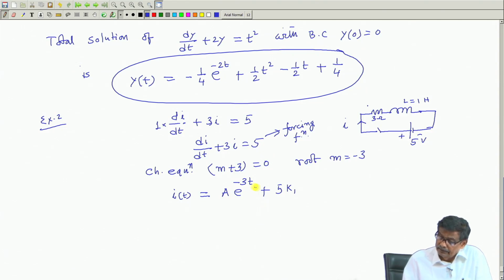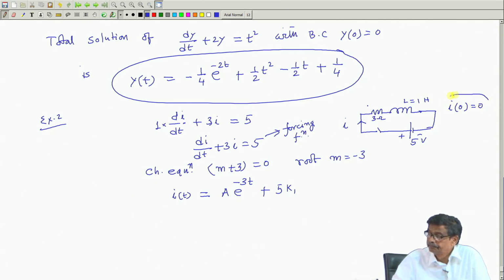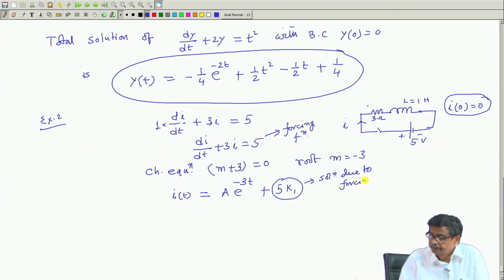Then this will be the solution. Okay. And the boundary condition given is, suppose I(0) is equal to 0. So, I will find the solution here, but one thing is, this is the solution due to the forcing function, and the forcing function alone will also satisfy this equation.